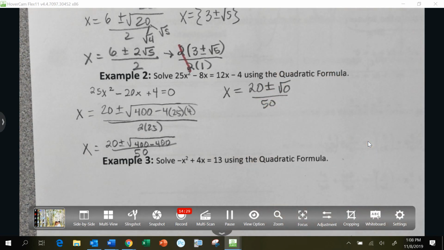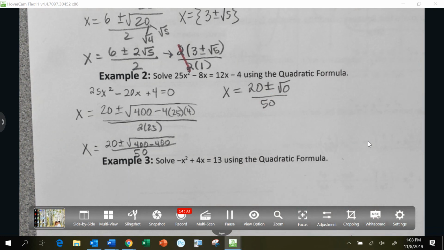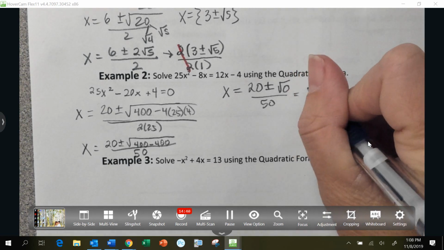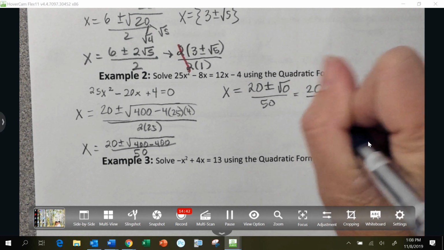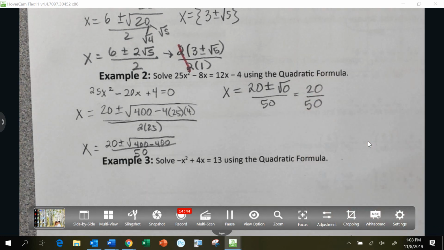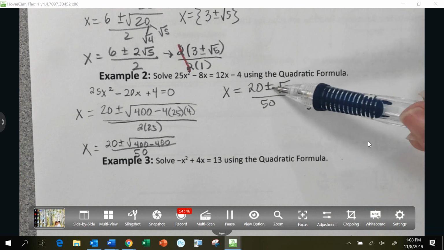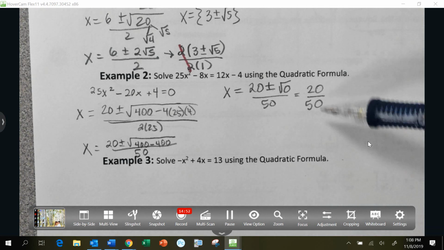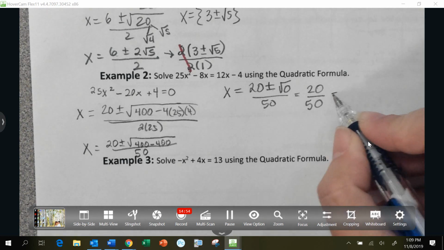What is the square root of 0? It is 0, because 0 times 0 is 0. So now I have 20 over 50. I drop the plus or minus because if I add 0 or subtract 0, it's still 20. Does this reduce? Yeah, 2 over 5.